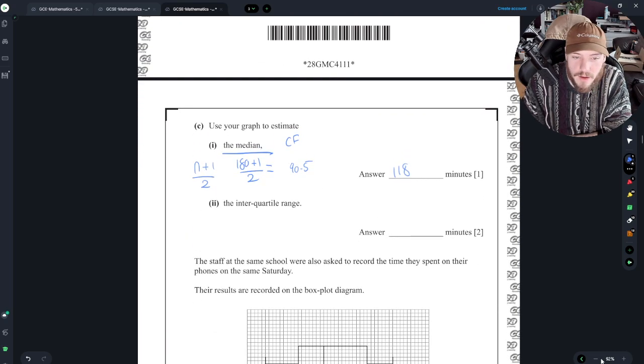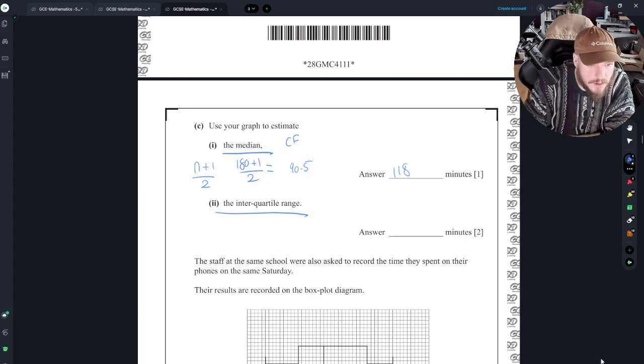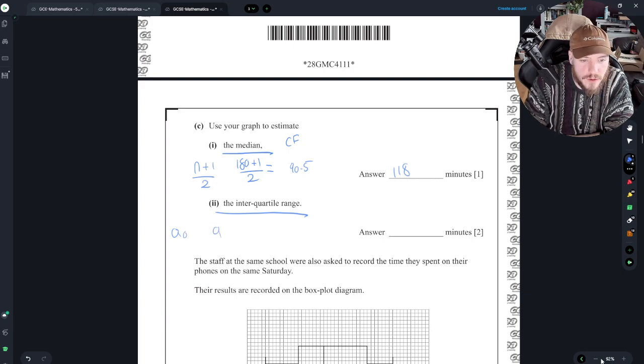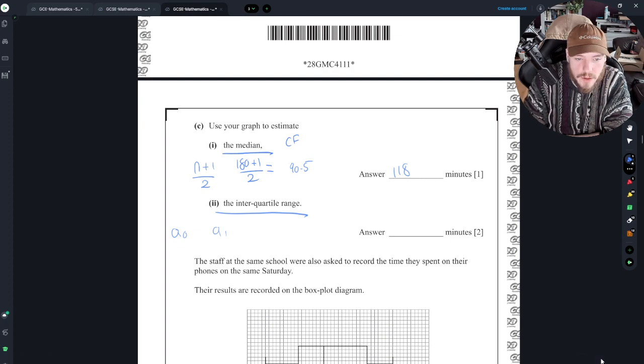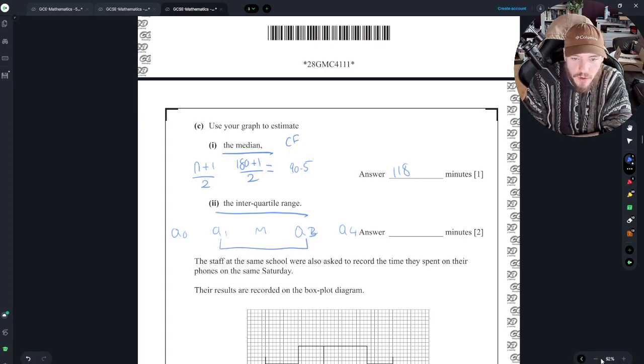All right. So interquartile range, okay? You have what's called Q0, Q1, the median, Q3, and Q4. So our interquartile range is the range between these Q1 and Q3 values.